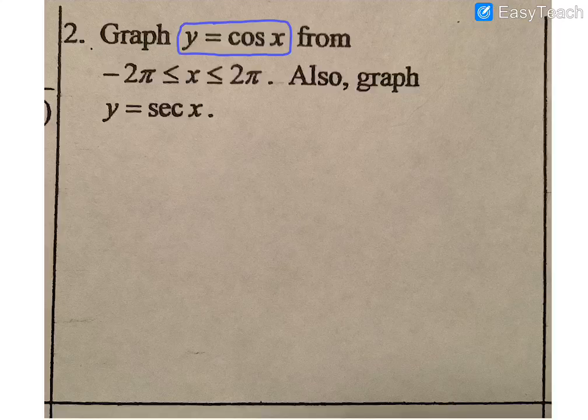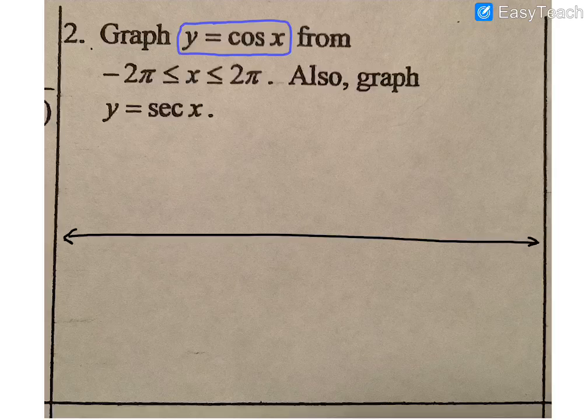Let me first draw my x and y axis here. I know we often only draw just 0 to 2 pi, but do notice the domain specifically asks for -2 pi to +2 pi.